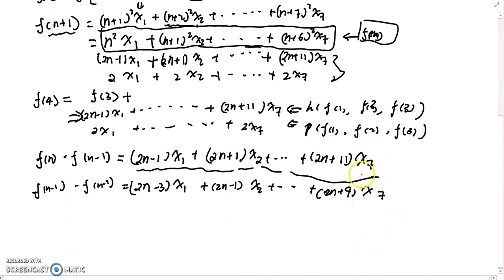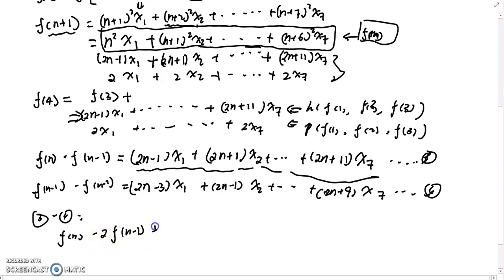Now you can see we have these two equations. If we take the first minus the second, what do we have? We have fn minus 2 f n minus 1 plus f n minus 2 equals 2 times x1 plus and so on plus x7. So see, that's this one.